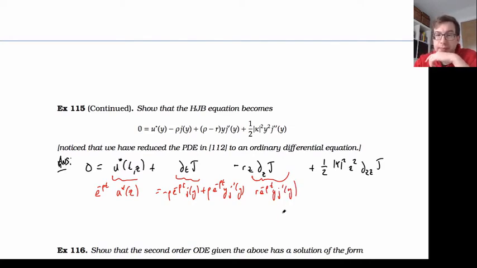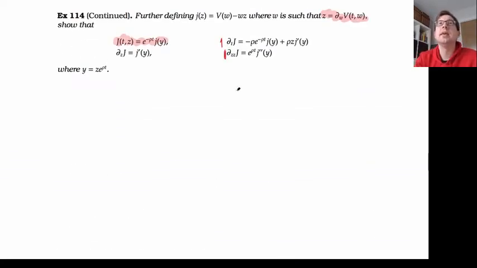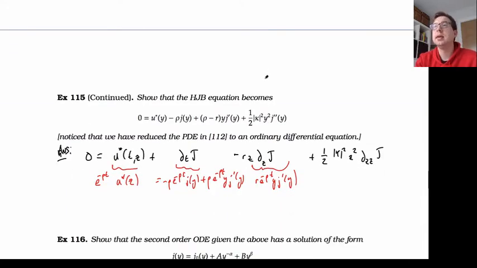And then from this term here, I'm going to get the second partial derivatives for j, which are up here. And this is going to give me a half kappa squared y squared e to the minus rho of t, second derivatives of j.